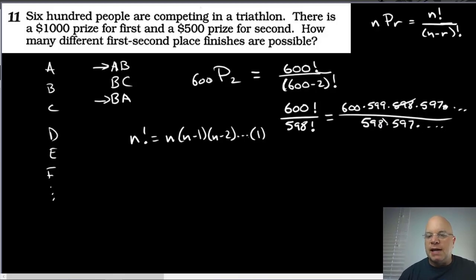And so the 598s cancel, the 597s cancel, and everything else in this denominator will cancel. They all represent one whole. 598 over 598, 597 over 597, all become 1, and what we're left with is this expression for the number of first and second place finishes, 600 multiplied by 599.